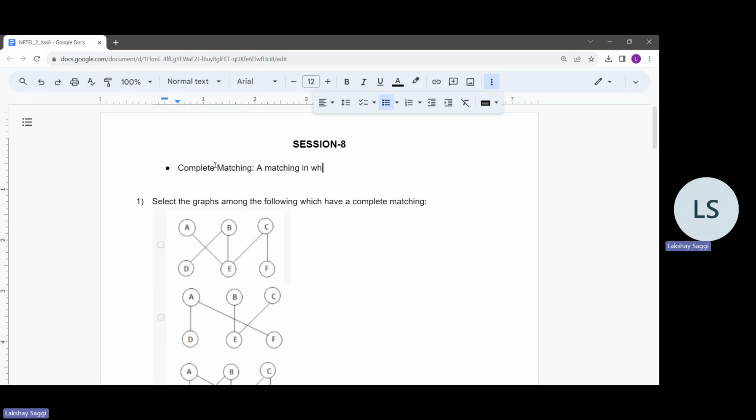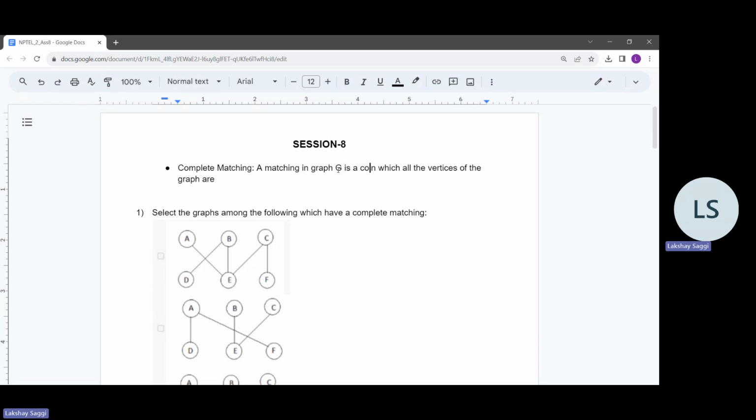A matching in graph G is a complete matching if it matches all the vertices of G.